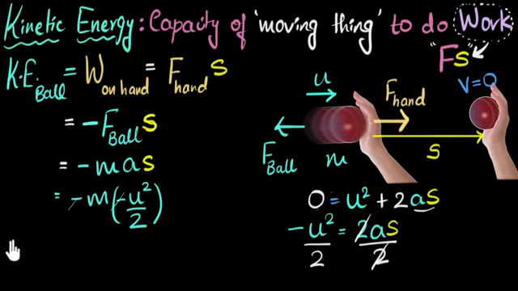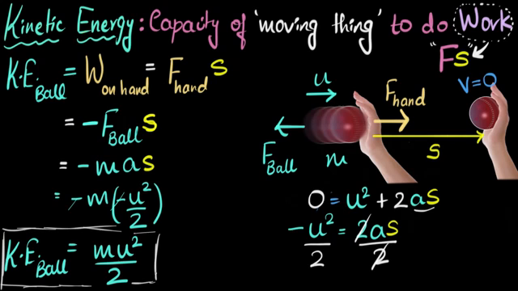And so what we see now is that the kinetic energy of the ball is mu squared divided by 2. And so in general, we say the kinetic energy of any object will be half times mass times its velocity squared.